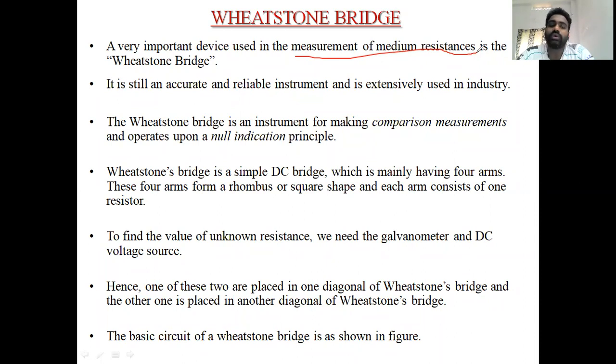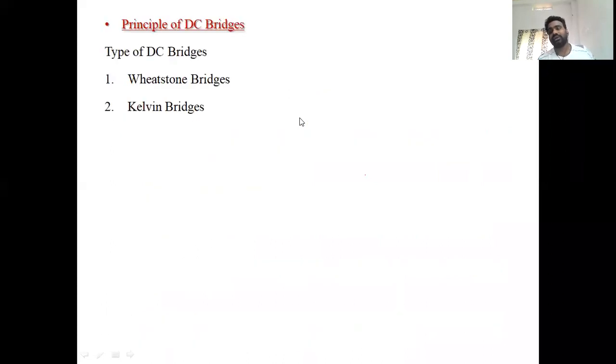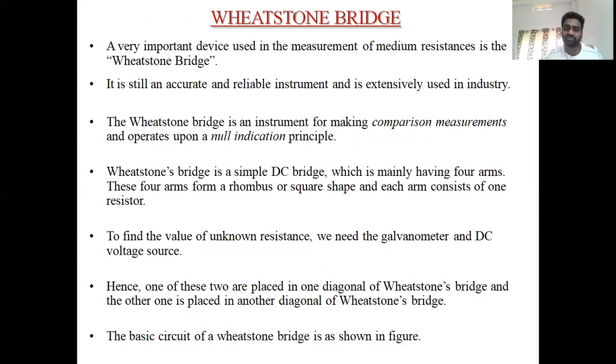We use the standard comparison method which we discussed earlier, as seen in the previous method of comparison. With the help of this standard comparison method, we are going to do the mathematical analysis of the Wheatstone bridge.